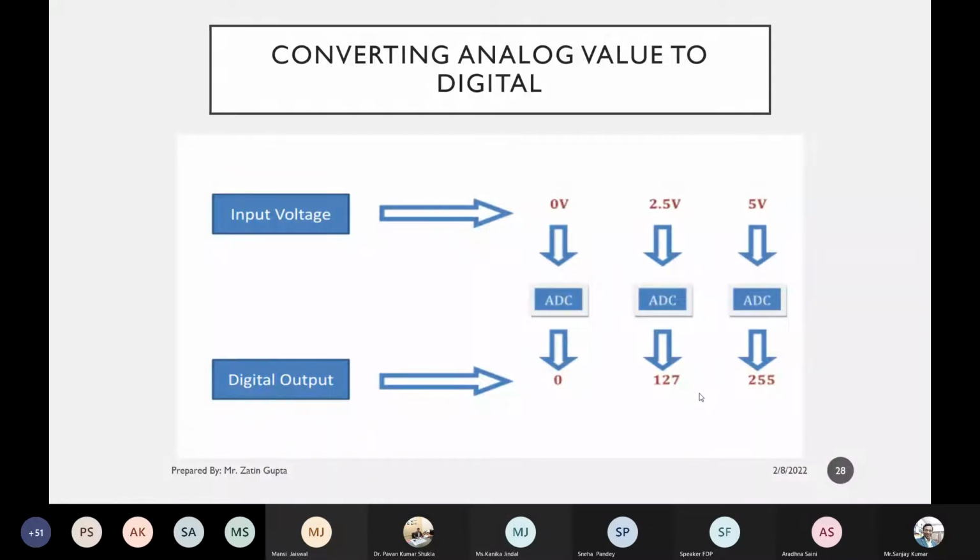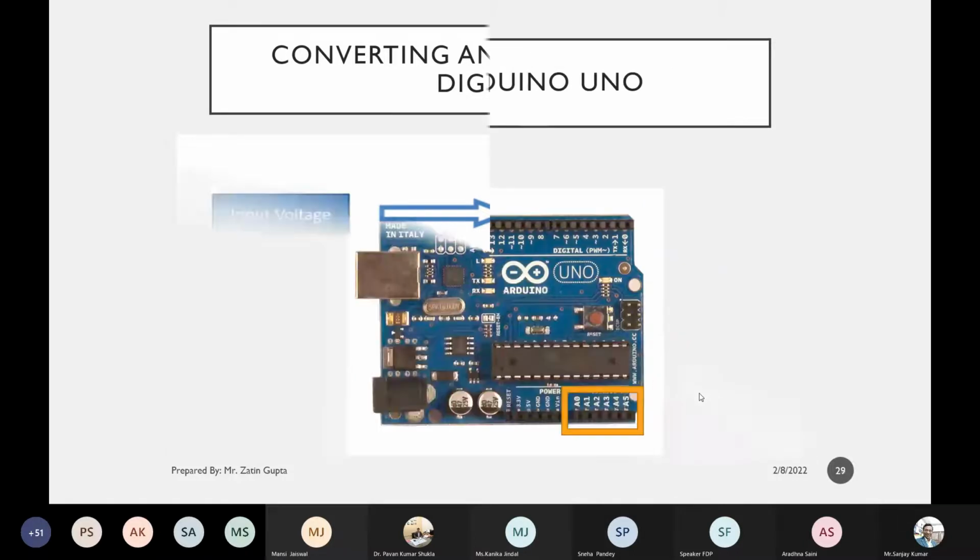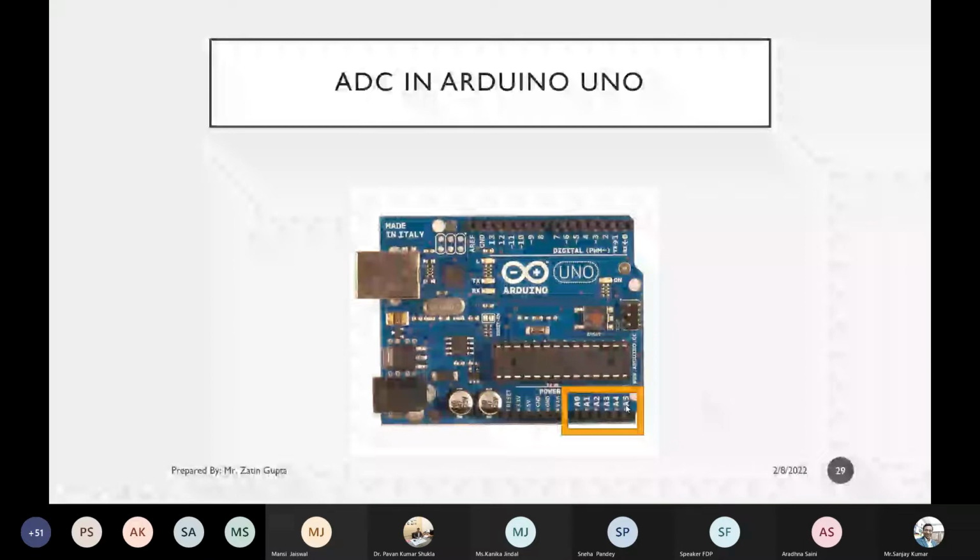This is a digital output. In the case of digital output, 0 to 5 is divided between 0 to 255. But in the case of analog, it is divided into 0 to 1023, meaning 4 times more. We can take 4 times more accuracy. These 6 pins are analog pins in the Arduino.